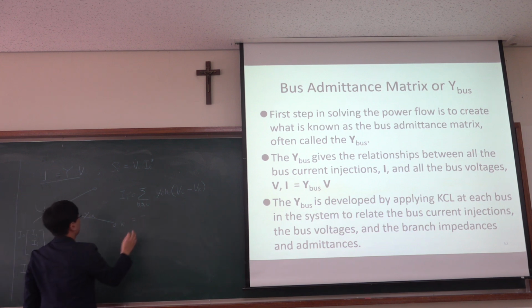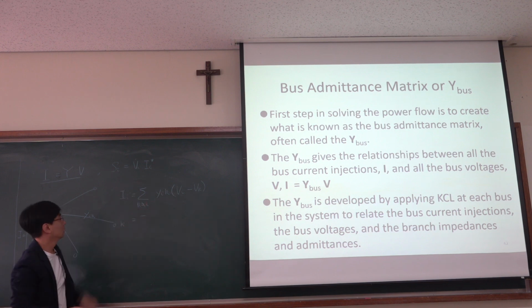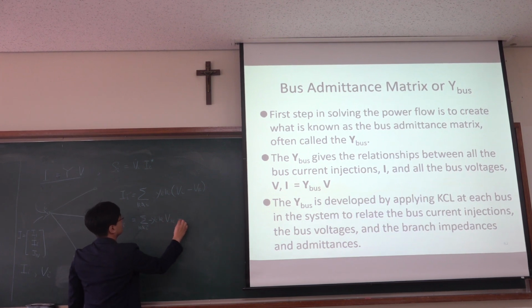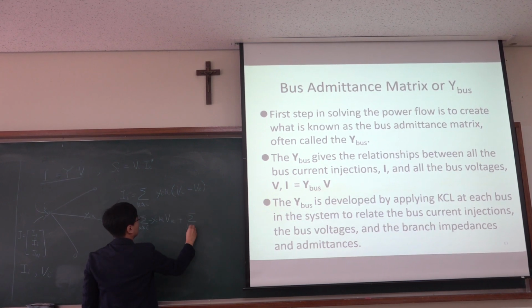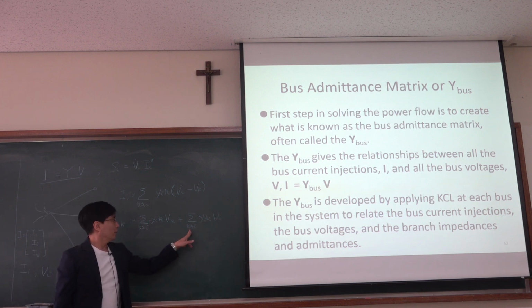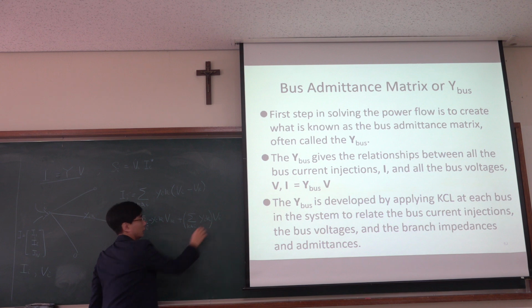So this means K from 1 to N, but not equal to I. This is the same as the sum of y sub ik times V sub I, minus y sub ik times V sub K. This part is a summation across K, so you put parentheses like this.